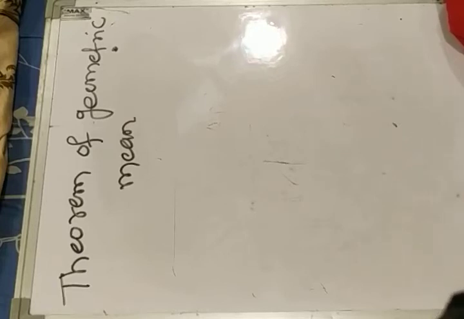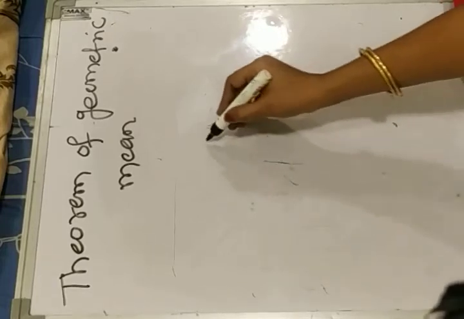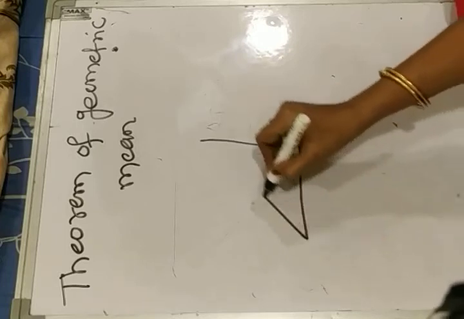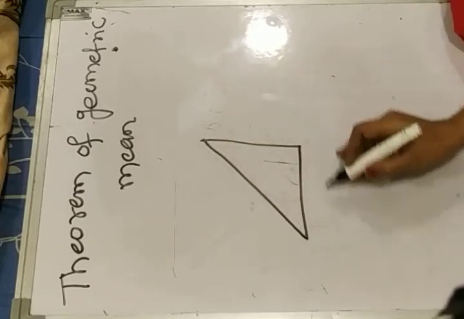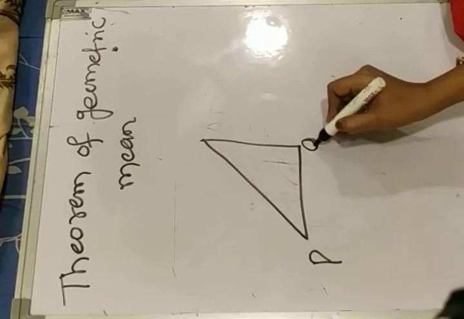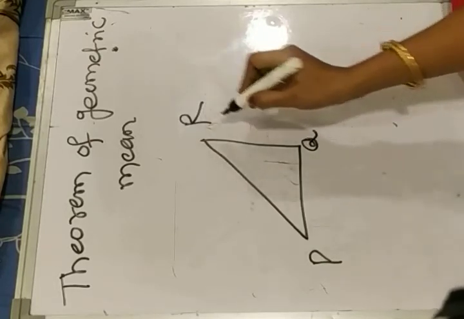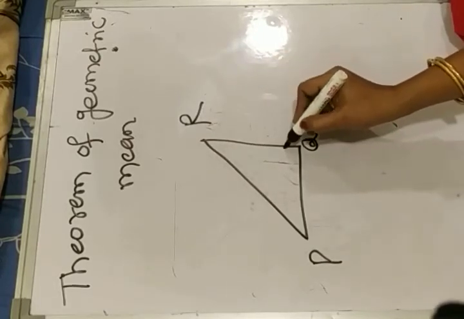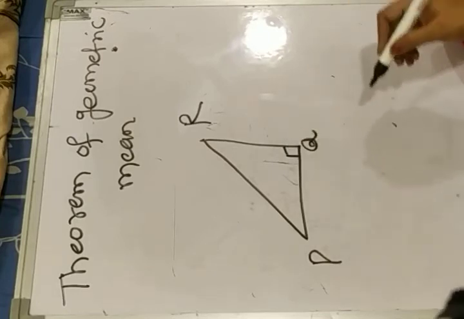Means PQR is a right angle triangle, angle Q equal to 90 degrees.